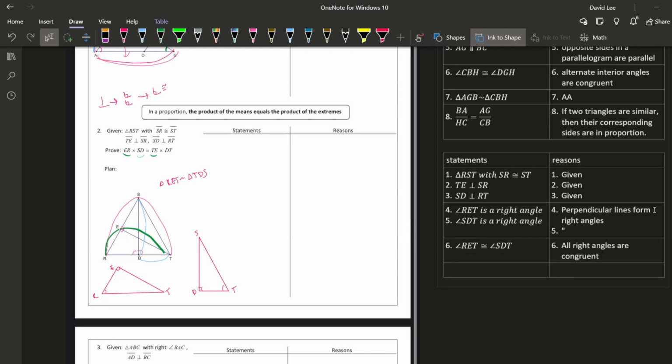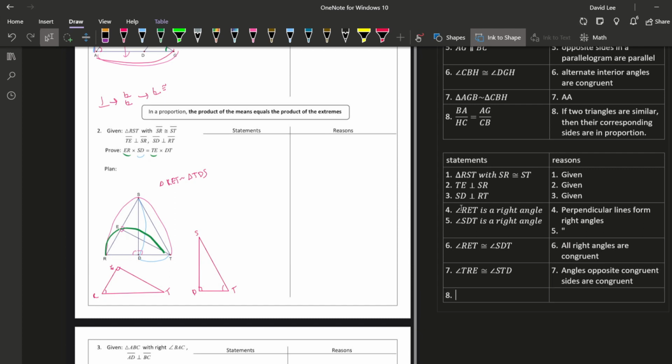And then we have the isosceles triangle thing. So we can say angle TRE is congruent to angle STD because angles opposite congruent sides are congruent.